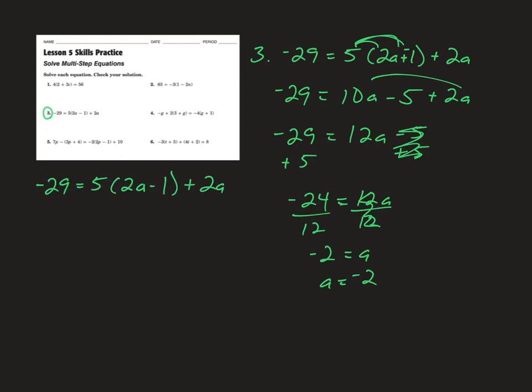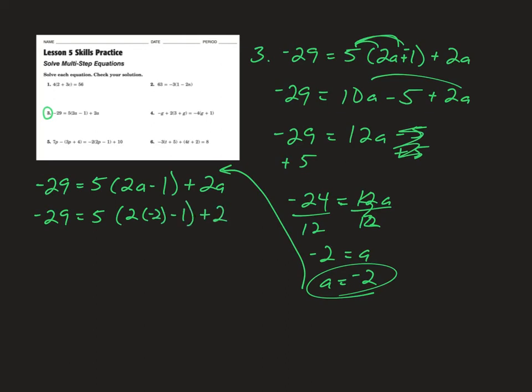So let's check our solution and see how we did. So I've recopied the problem, and this time I'll show how I'm going to substitute -2 in each place for a. So I've got -29 equals 5 times (2 times -2 for a, minus 1) plus 2 times, once again, -2 for a.